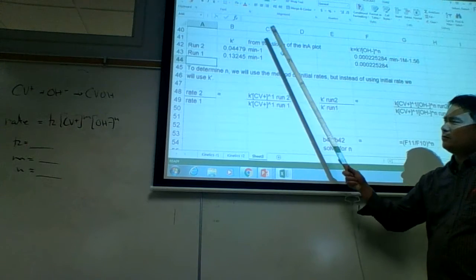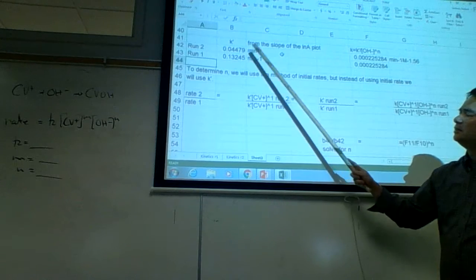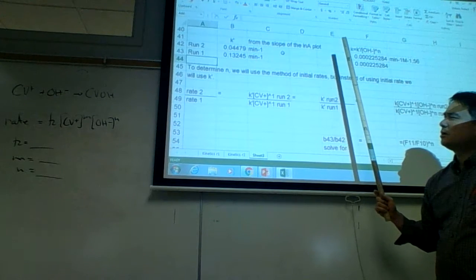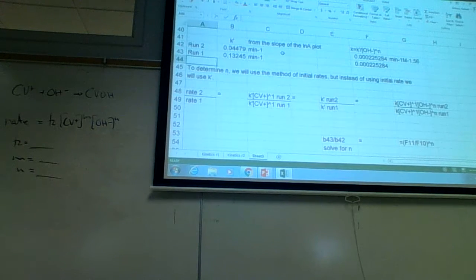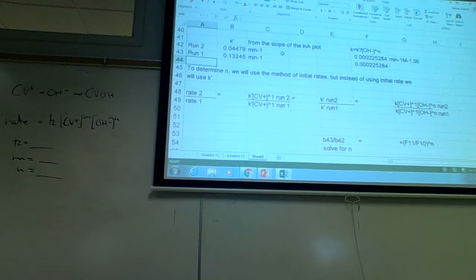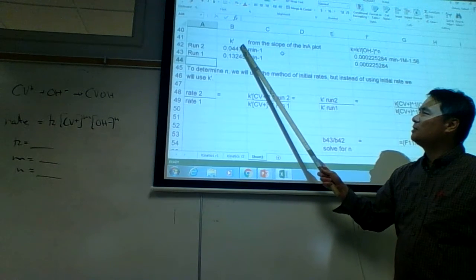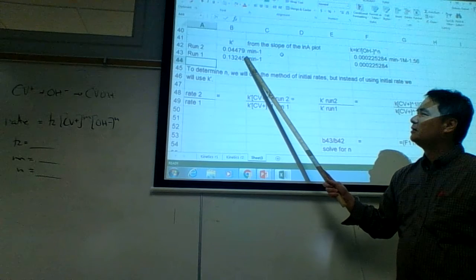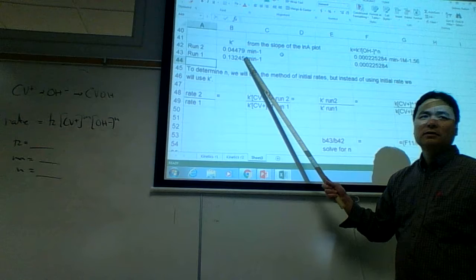This is for different volumes, but essentially when we double the hydroxide, what did we do? Going from run 1 to run 2, what's right? Run 1 had twice the hydroxide concentration as run 2, so when we double the hydroxide, what happened to the rate constant? Looks like the rate constant more than doubled.